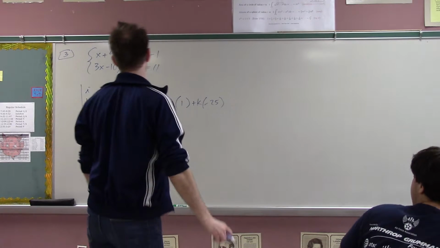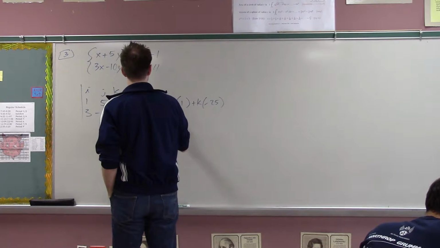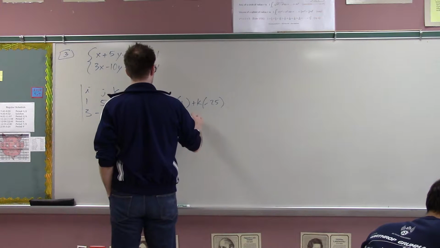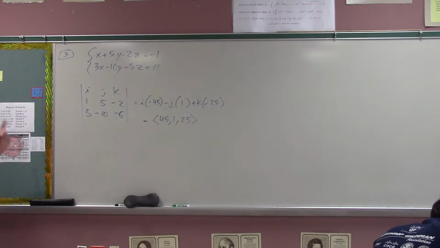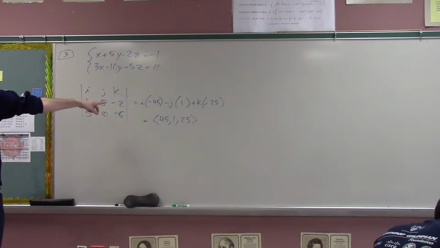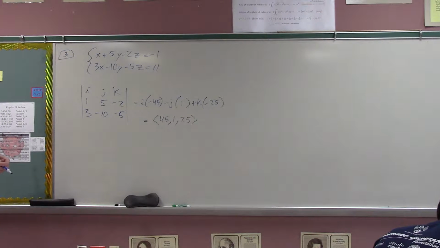Yeah. Okay, cool. But because negatives are annoying, I'll just write this as the vector 45, 1, 25. Okay, that is the cross product of the normal vectors. So that means that that is the direction vector of the line of intersection. Agree? Yeah. Okay.